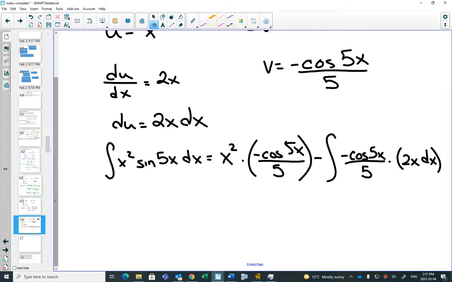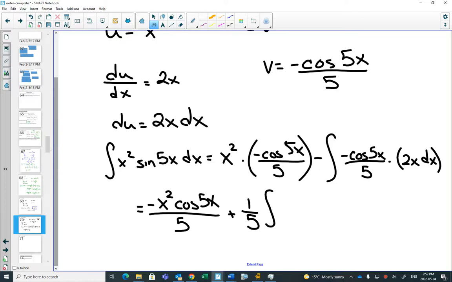Okay? So I'm going to say this is equal to, I'm going to rewrite this as negative x squared cos 5x over 5 minus, and I'm going to take out the minus sign to make it plus, and I'm going to take out the fifth. And you might be asking, why would you take out the fifth and not also the 2?